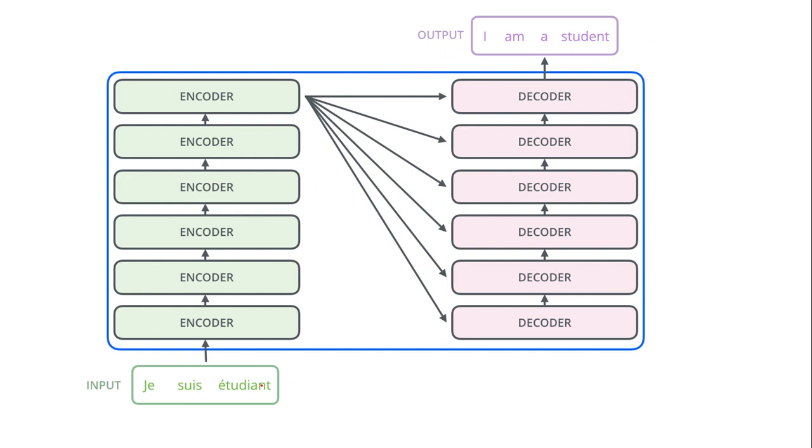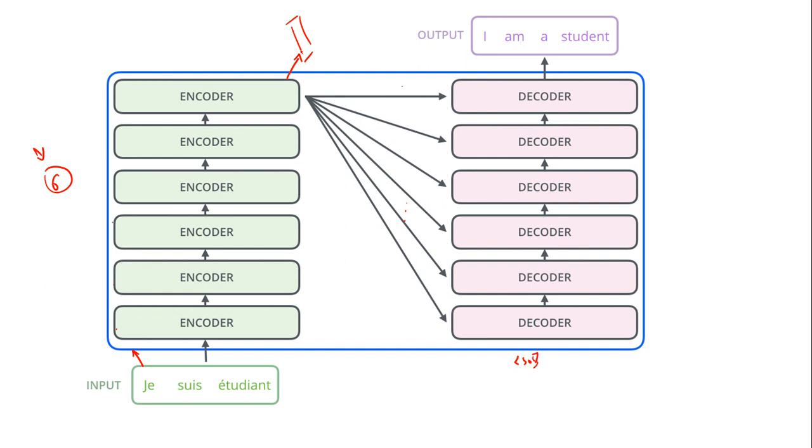So what happens is we are sending this input, and it goes through six encoders. This is a hyperparameter again. You can change it based on your network. After going through these six encoders, we'll get the final output. This vector is passed into each decoder, and we are sending a start of sentence token.